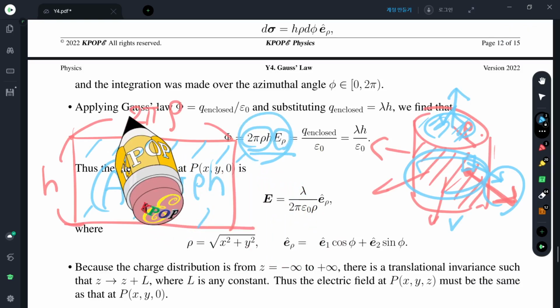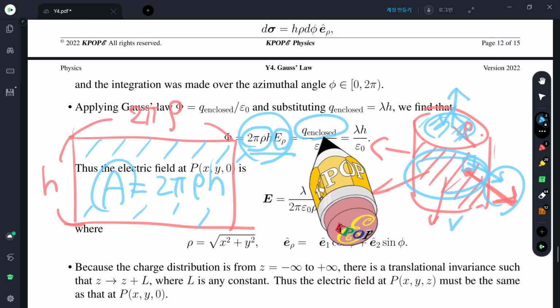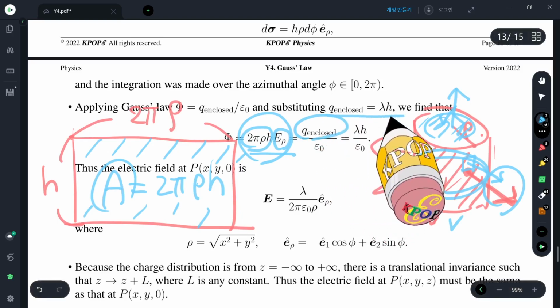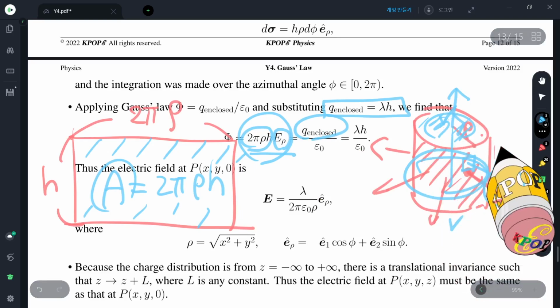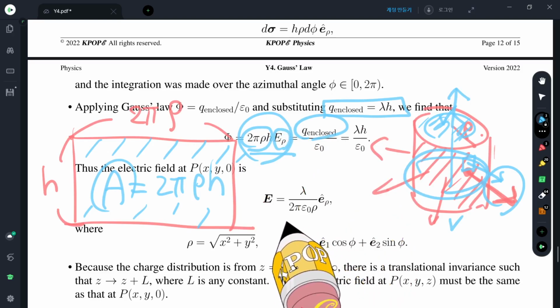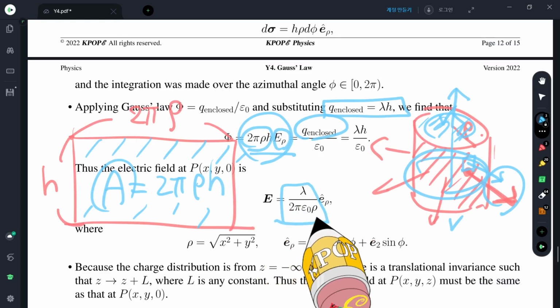According to Gauss law, net charge divided by epsilon zero. What is the net charge? Lambda multiplied by h is the charge enclosed by this cylinder. As a result, h cancels and the final result is lambda over 2 pi epsilon 0 rho.